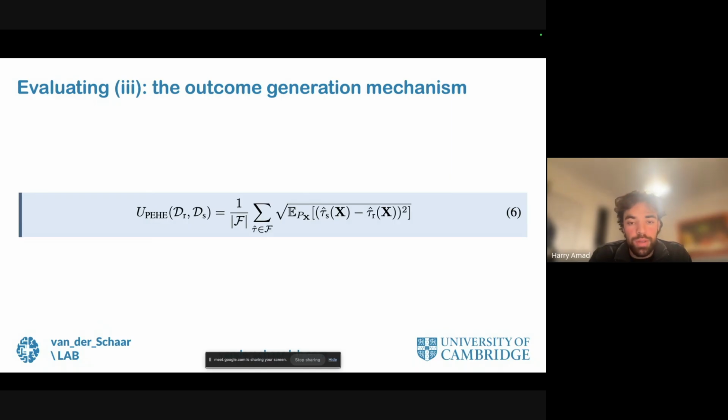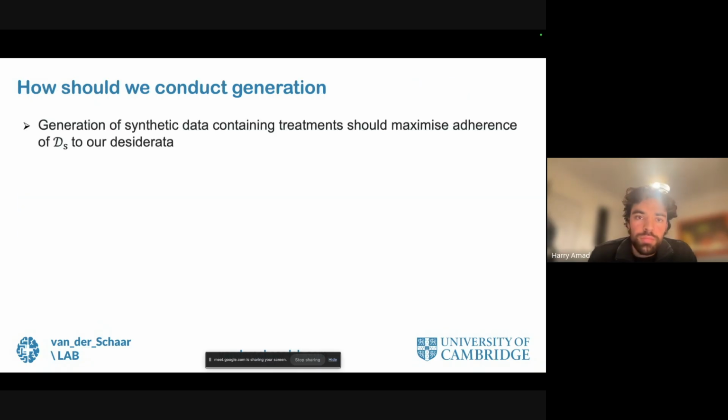So basically, across a family of learners, which is described as F here, we train these learners on the synthetic and the real data, and we measure their difference, their expected mean squared error. And so that covers our suite of evaluation metrics.